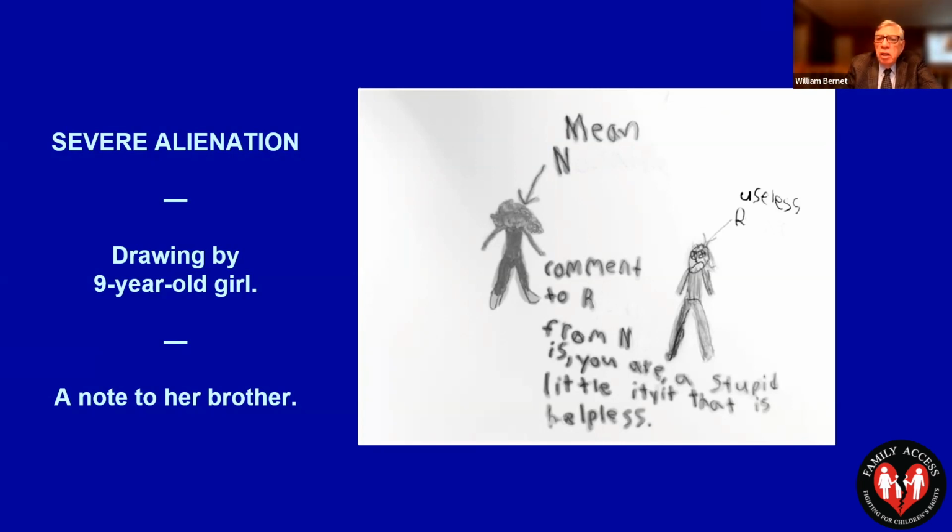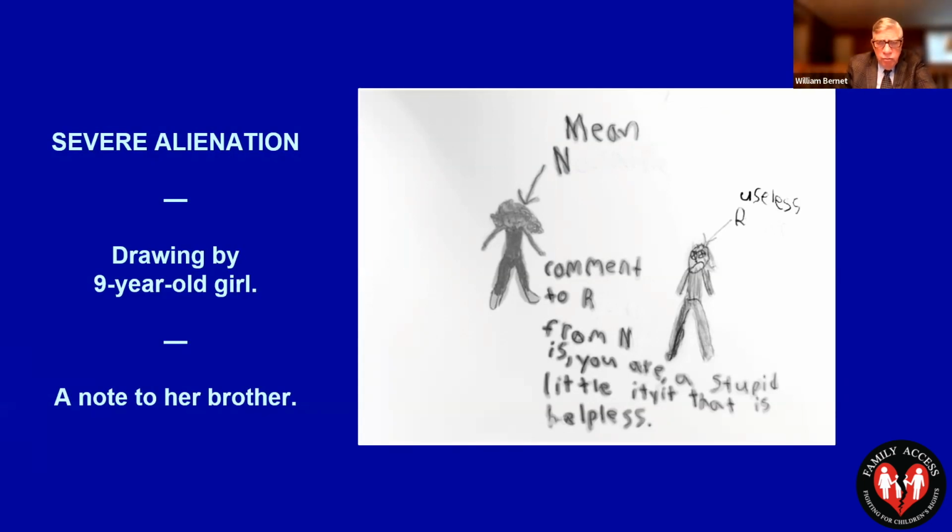And she's saying, "you are a stupid little idiot that is helpless." So the information we have is that the child was severely alienated from the parent, and she's saying very, very negative things about her family situation.